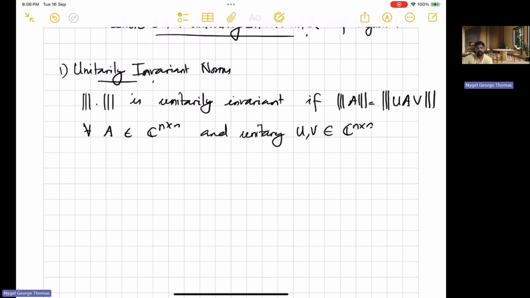The most common example is the L2 norm, in the sense that this is a unitarily invariant norm. This is a spectral norm, right? Yes, this is the spectral norm.